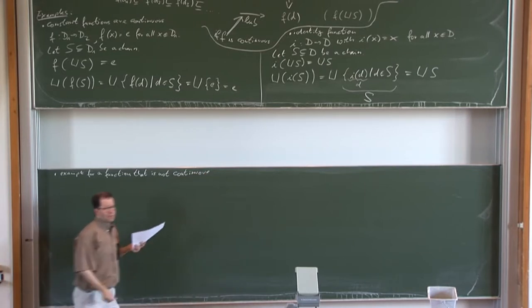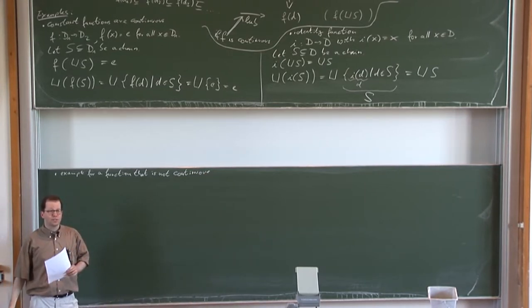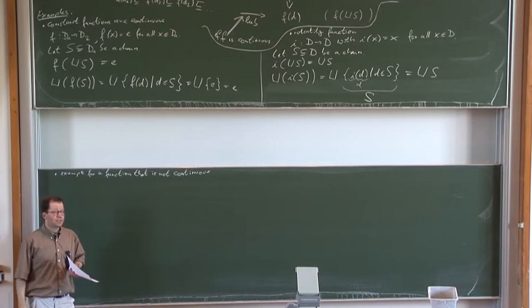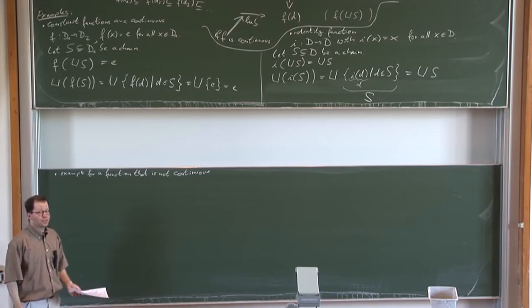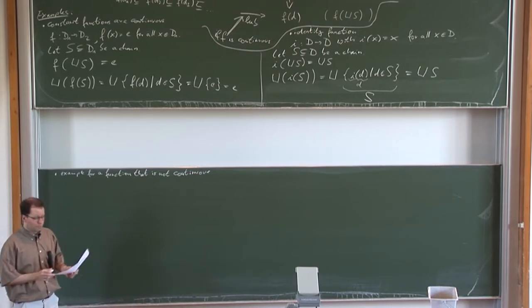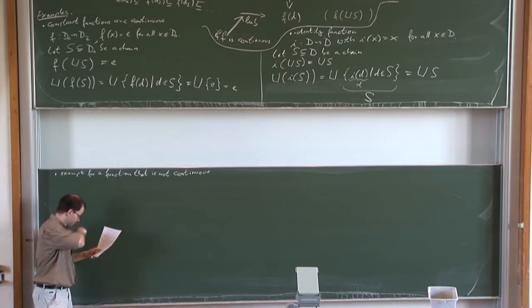Now, I have already mentioned all computable functions are continuous. So if we want a function that is not continuous, the function will be not computable. Therefore, it will look a little bit more difficult than identity or constant functions. That's unavoidable if you want to have something which is not computable.